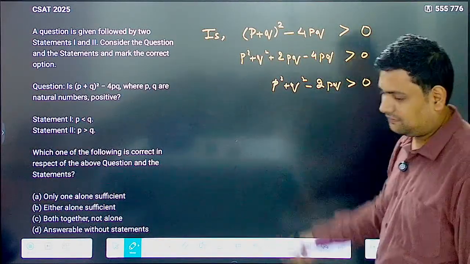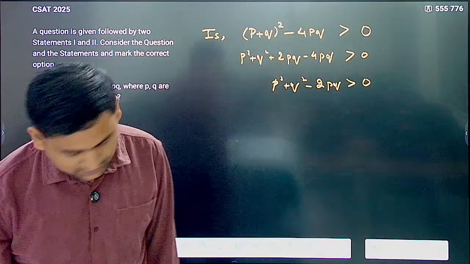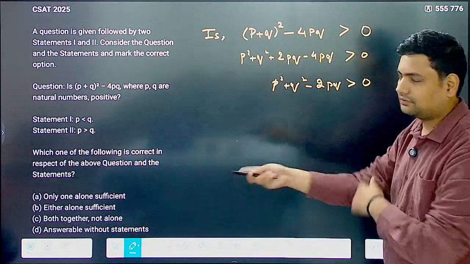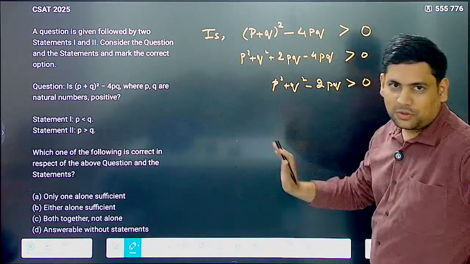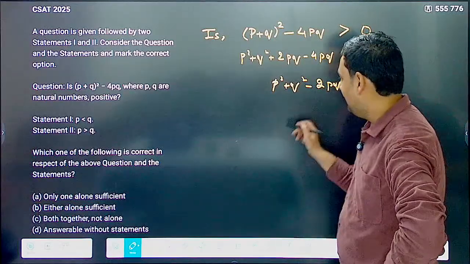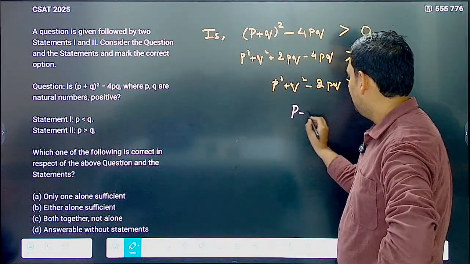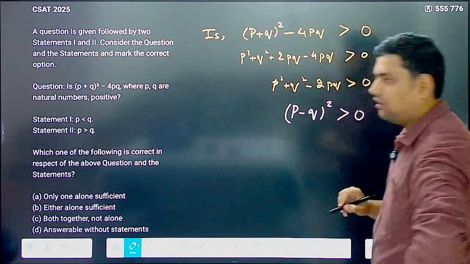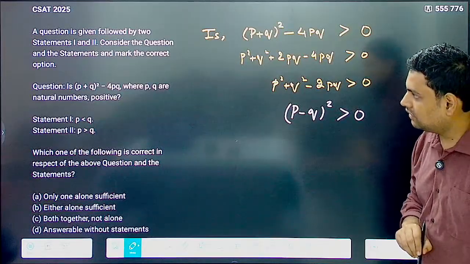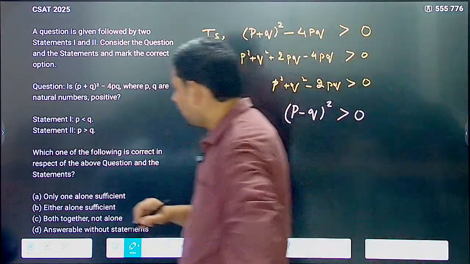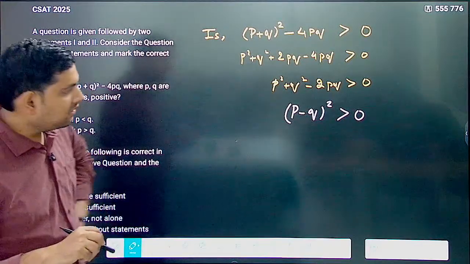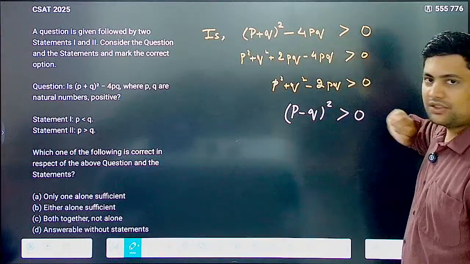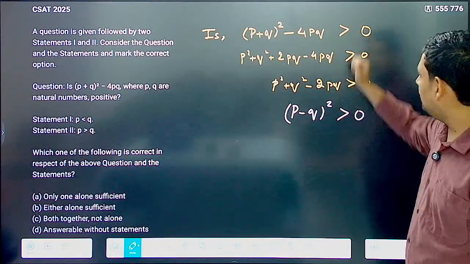Now what is this? Dheeraj is saying D. Now, most students in the exam hall did this. So this is p minus q whole square greater than 0. They felt that they were checking whether this number is greater than 0 or not.